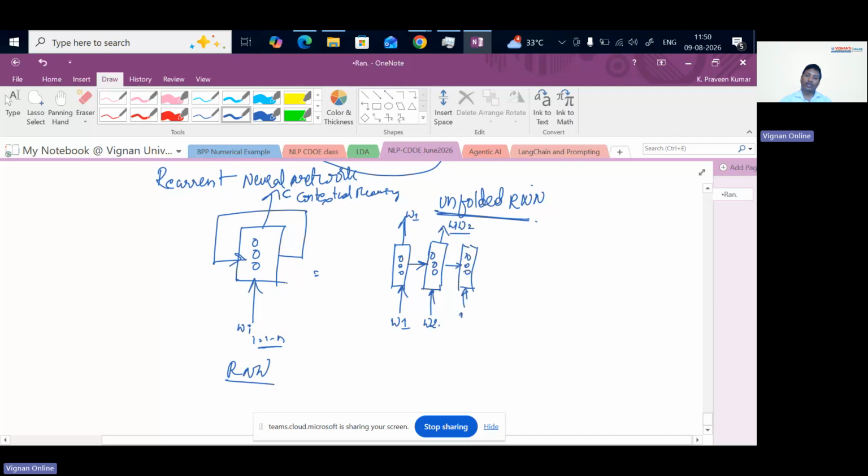This is going to be w3, and this w3 is a combination of w1, w2 and w3. So this way it will go on, and ultimately the final thing you are going to get is the result, or the context vector.